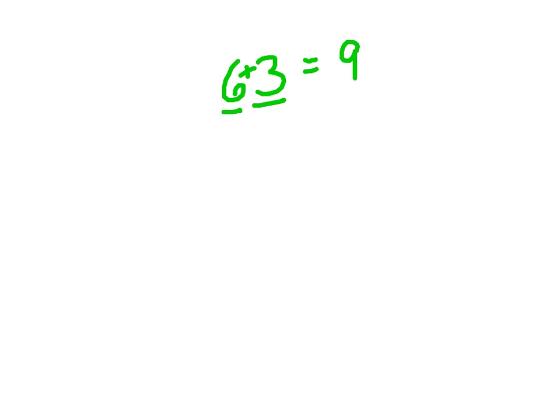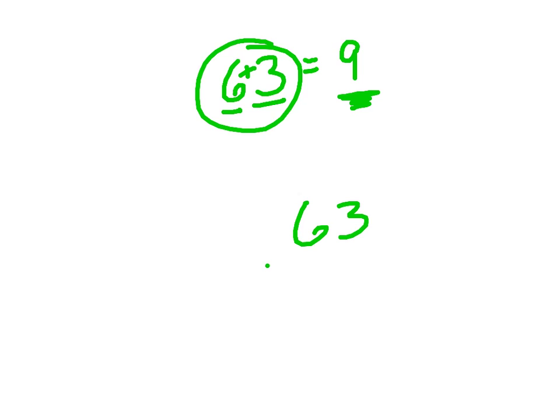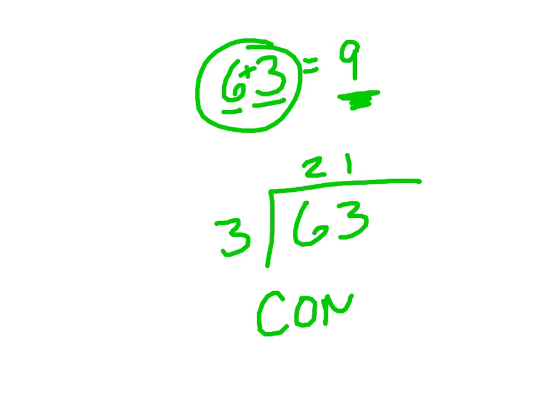If when you add those digits together you end up with a number that is divisible by 3, then this number is going to be divisible by 3, and that's true. 63 divided by 3 is 21. So therefore this is composite.